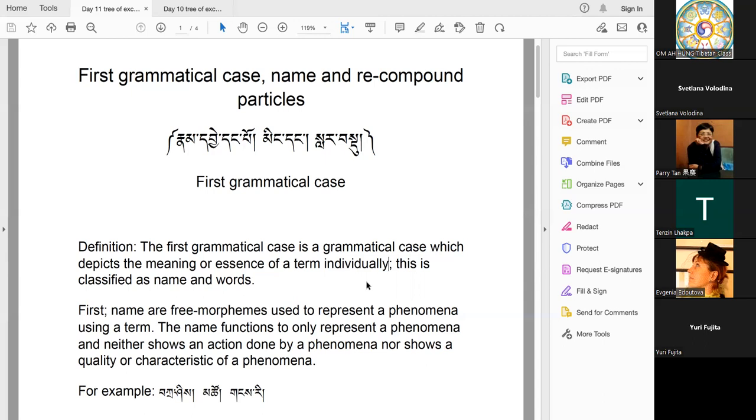So what's a table? Normally every phenomenon, including table, is a table. But every phenomenon other than table is not a table. So a chair is not a table. But if we say this is not a table, it doesn't mean that it's a chair. But we know that a chair is one of the things which is not a table, right?